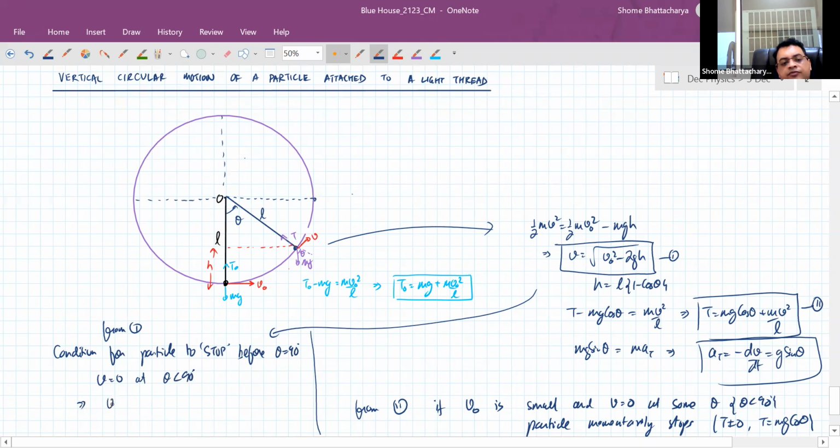That means v naught square minus 2gL into 1 minus cos theta should be equal to 0 at theta less than 90 degrees.